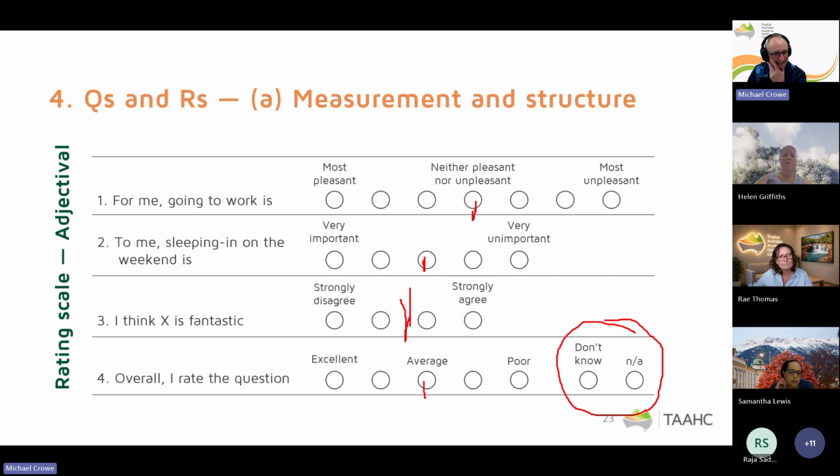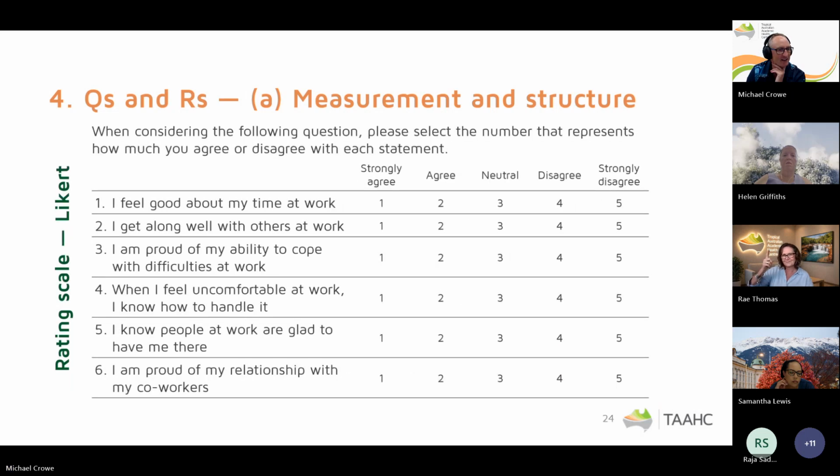On the other hand, this is a Likert scale, or if you've got a German-speaking background, this is a Likert scale, because he was German and he called himself Likert, but whatever. Likert scales are different to adjectival scales.